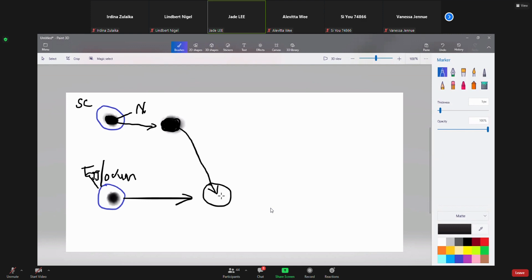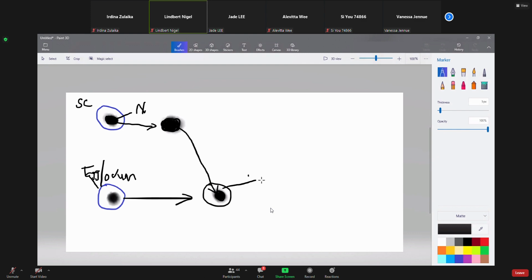So this is a nucleus from a somatic cell, right? You get me? Yes.